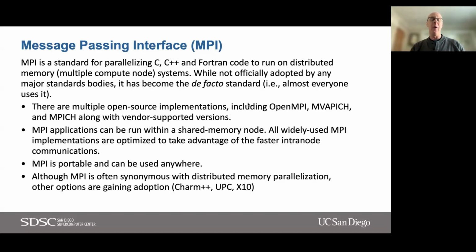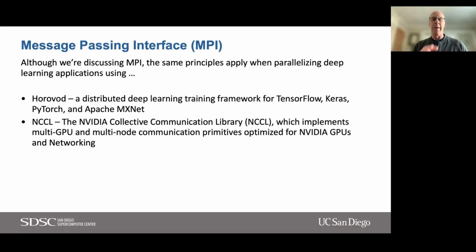Now, MPI is often synonymous with distributed memory parallelization, but there are other options that are gaining adoption. The one that I think is most widely used is something called Charm++, and that's used to parallelize the NAMD molecular dynamics code, among others, but I think that's the major application to date for Charm++.